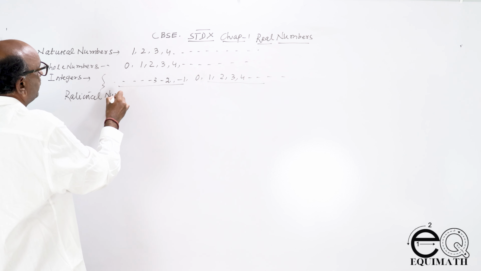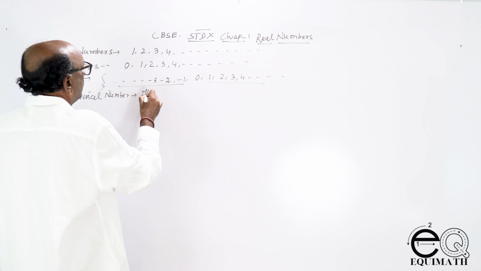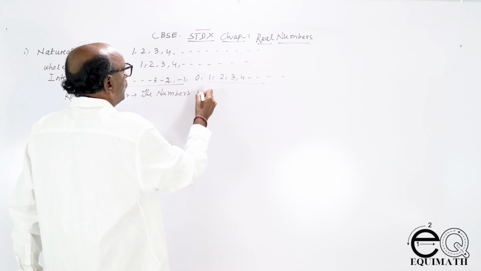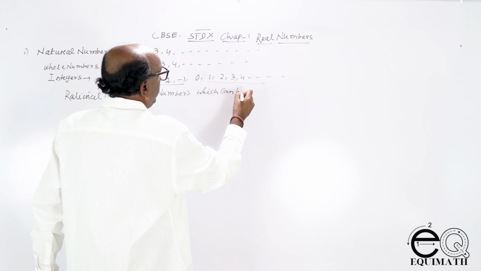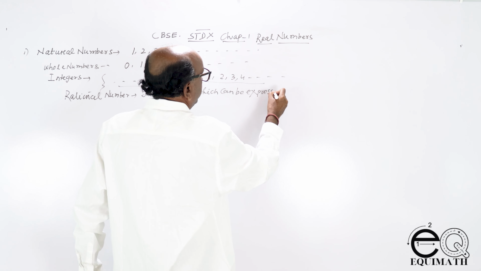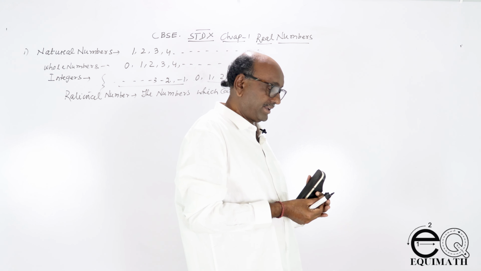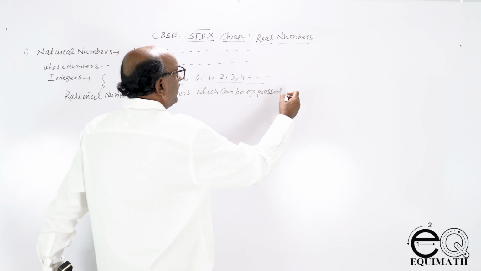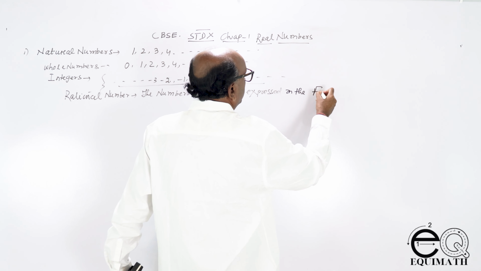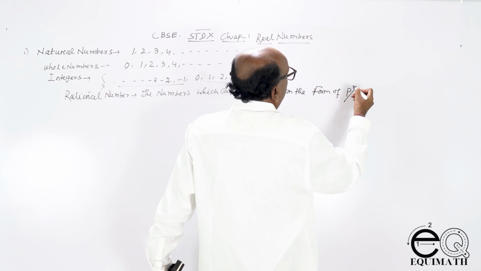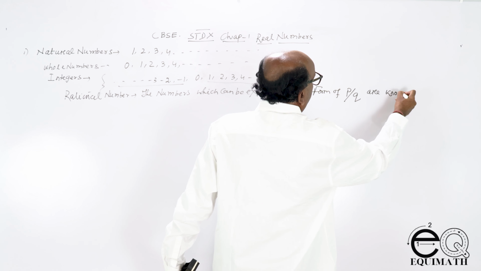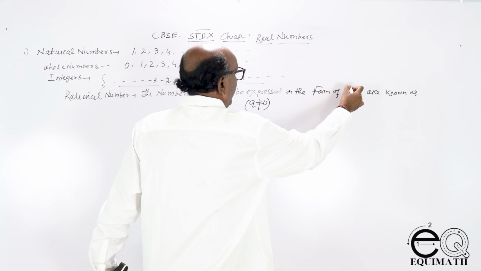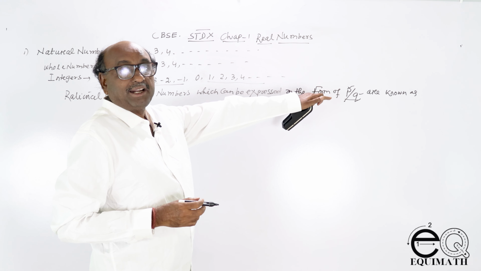Rational numbers. The numbers which can be expressed in the form of P by Q are known as rational numbers, where Q is not equal to 0, and the common factor of P and Q is 1.